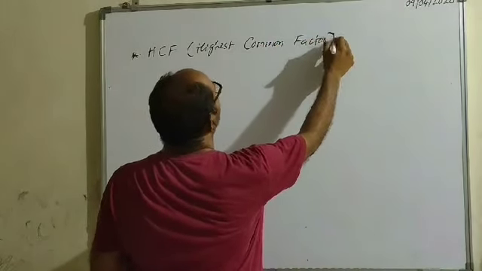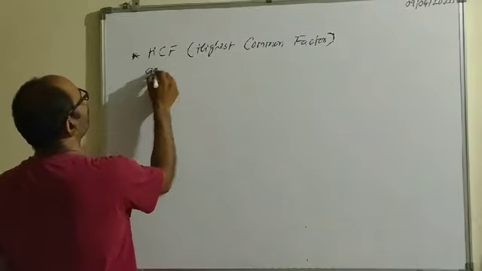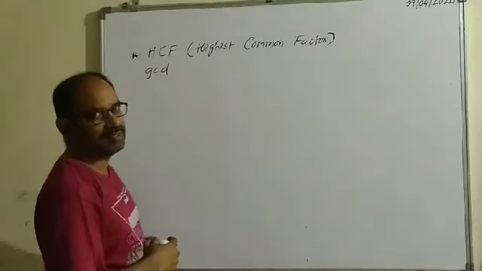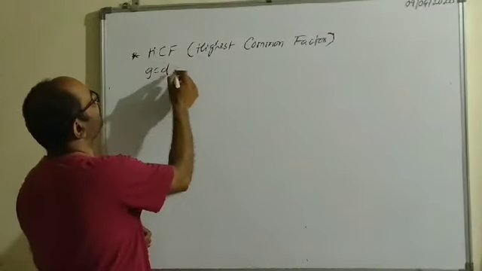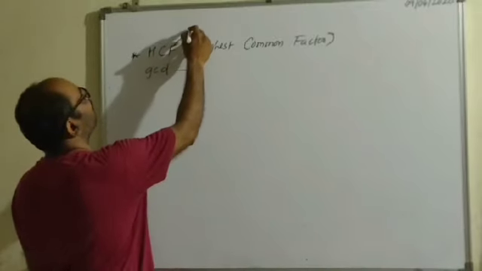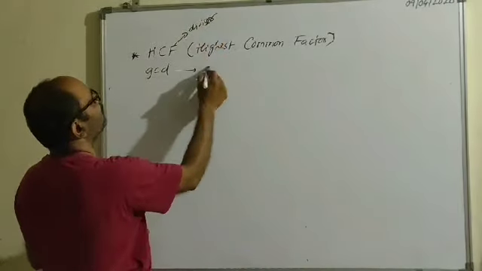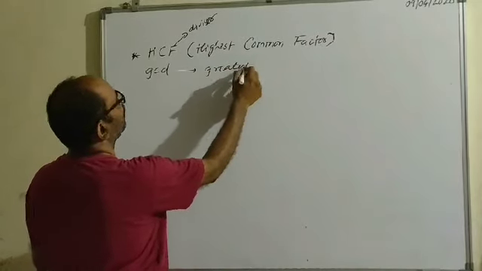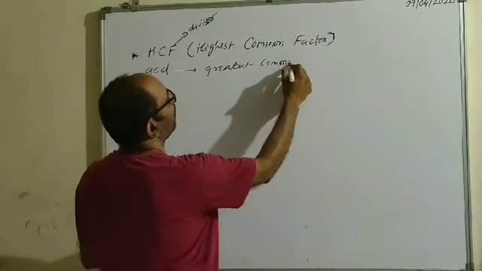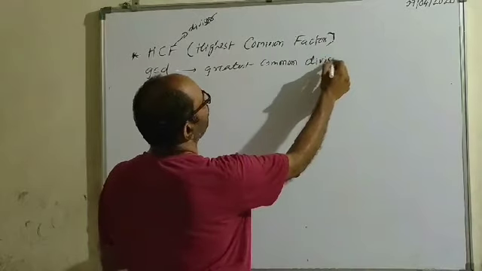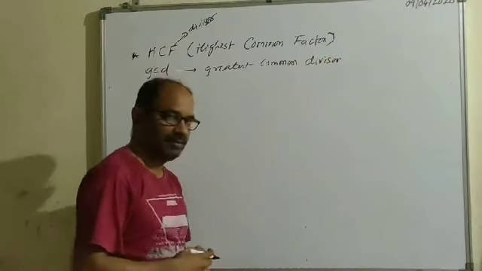F for factor. Sometimes it is also called GCD. In the previous state board book it was GCD, because this factor is also called divisor, as I wrote earlier. This is greatest common divisor.